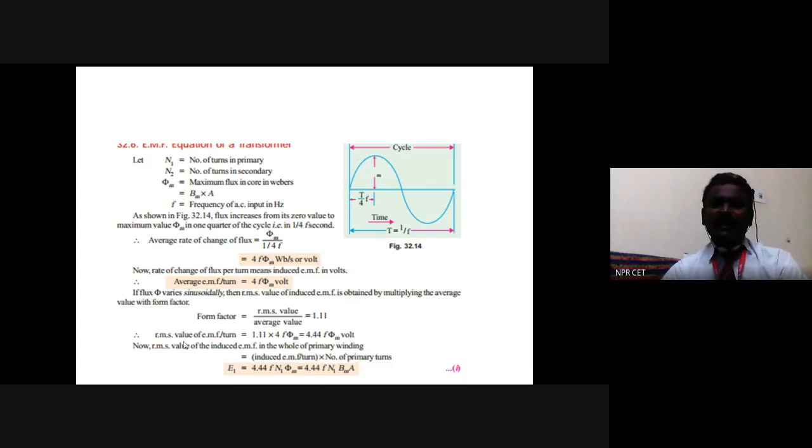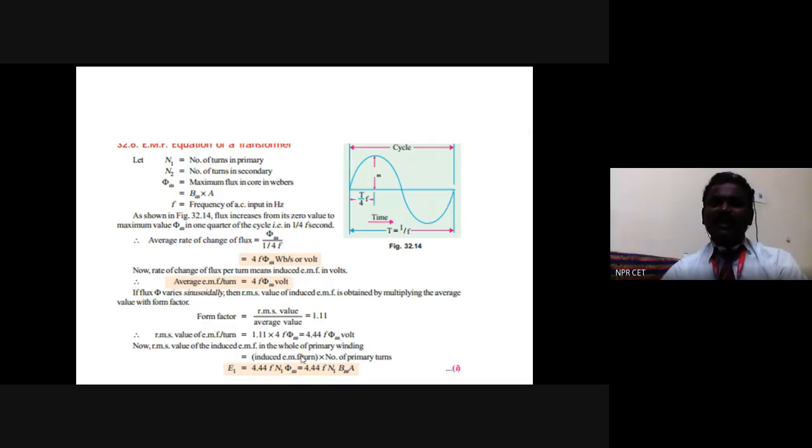Similarly for the secondary winding, the RMS value of induced EMF is 4.44 f phi m N2 volts. So this is the EMF equation. The RMS value of EMF induced in the primary winding is 4.44 f phi m N1 volts, and in the secondary winding it is 4.44 f phi m N2 volts.